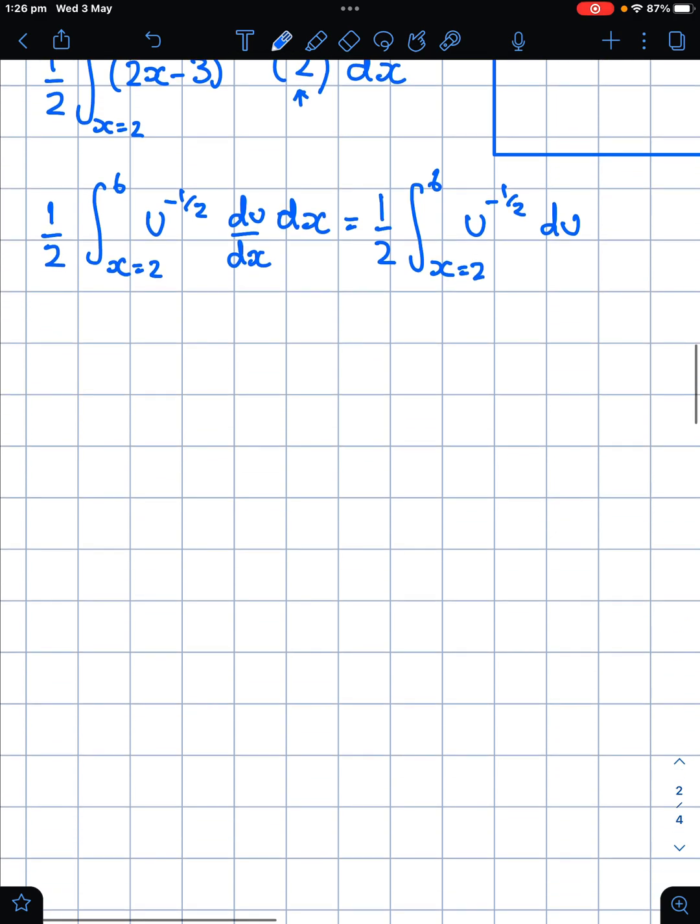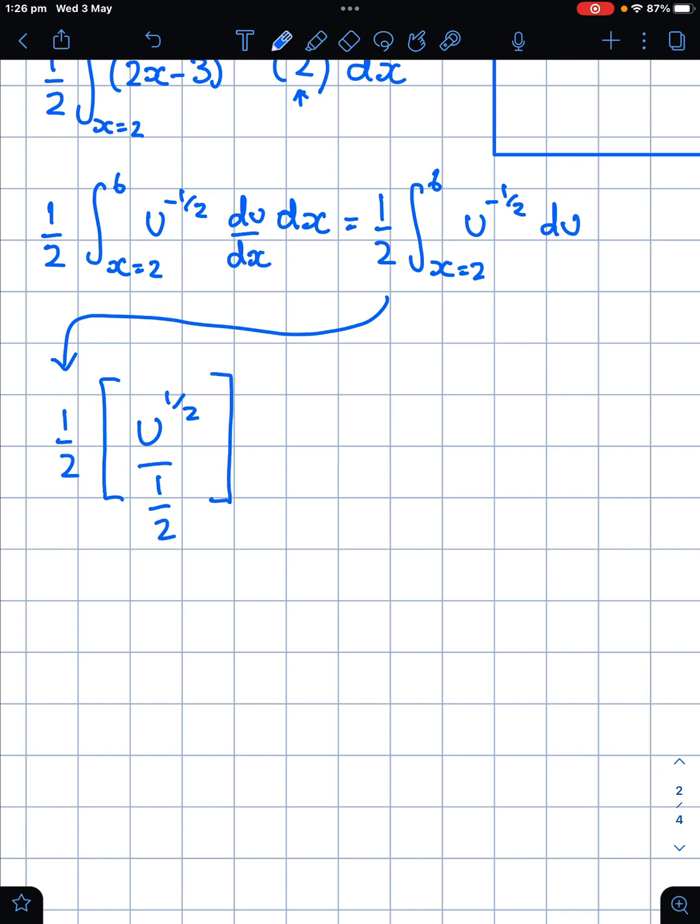Now, we'll do it without changing our variables. We would leave the half out the front, and the antiderivative of u to the negative 1/2 is u to the 1/2 over 1/2, evaluated from x equals 2 to 6.